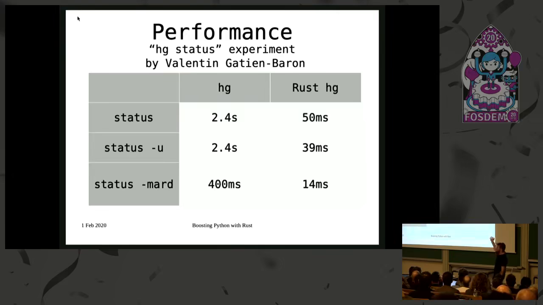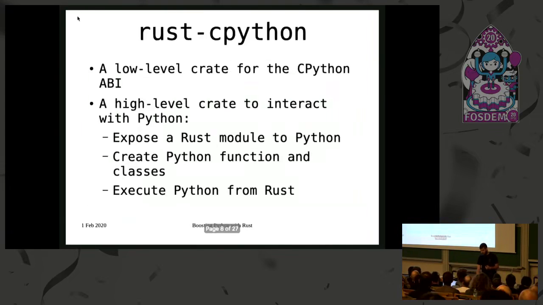And as you can see, the performance is quite a lot better than what we have in the Python and C version. It's orders of magnitude better. So that sparked a lot of interest in the mailing list and in the community in general. And the plan to put Rust inside Mercurial was already kind of in the works, but this kickstarted a lot more work, work that I was a part of.